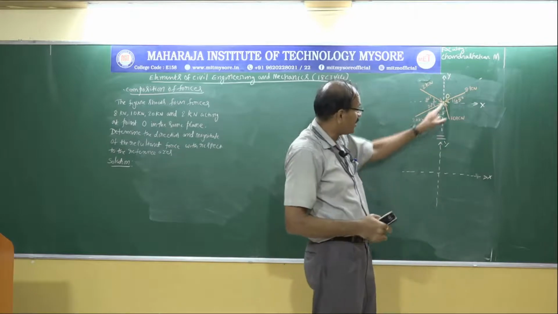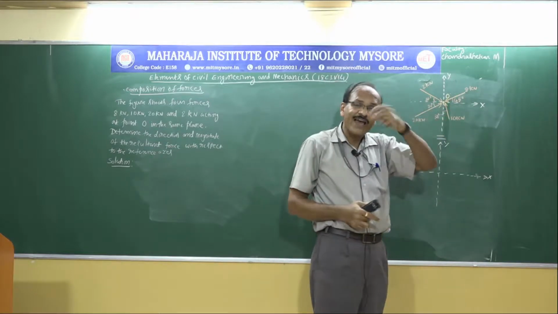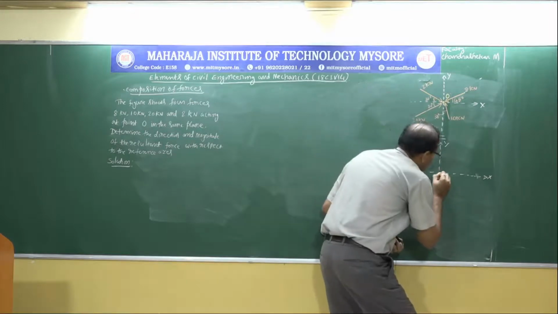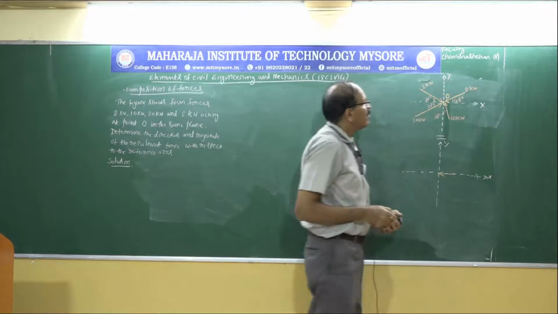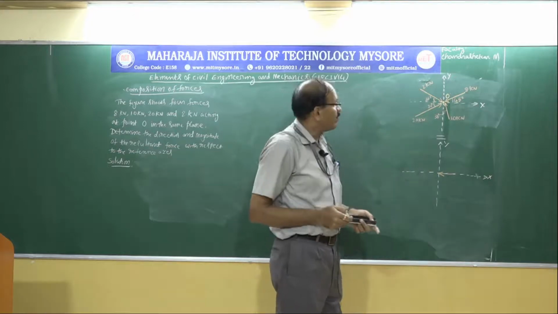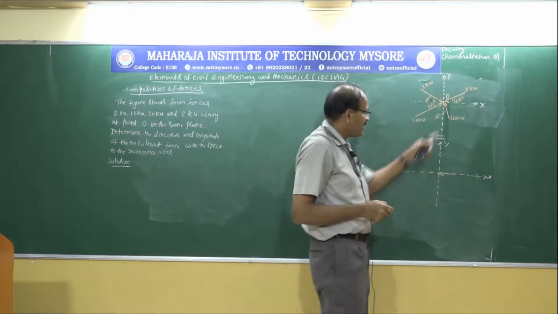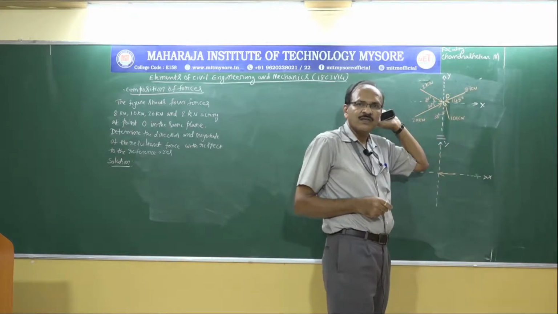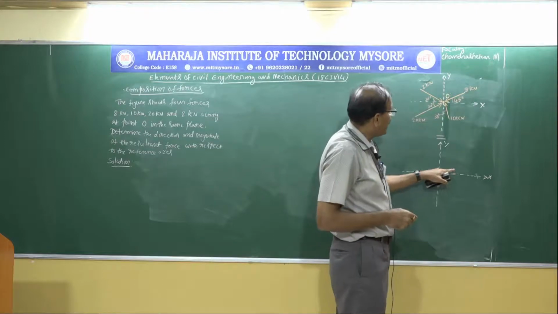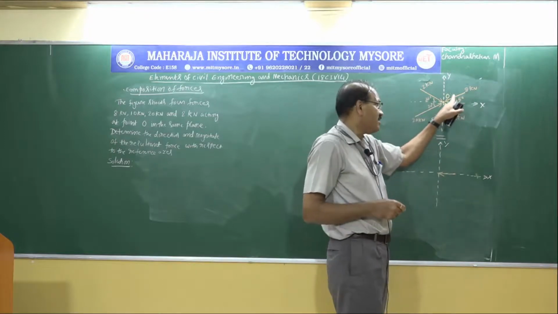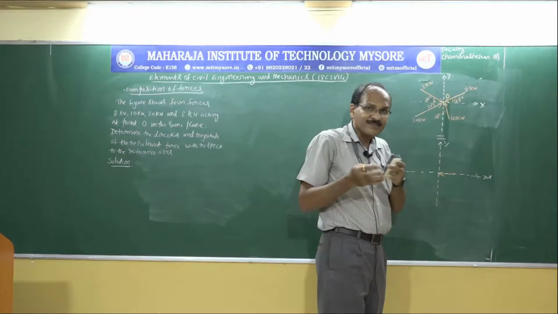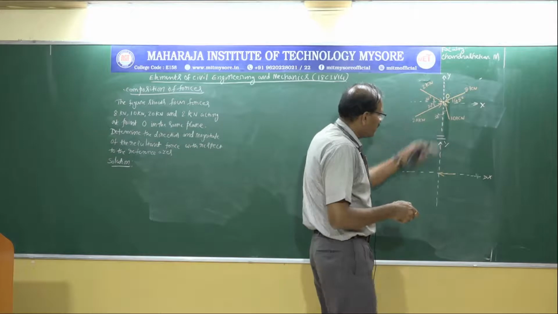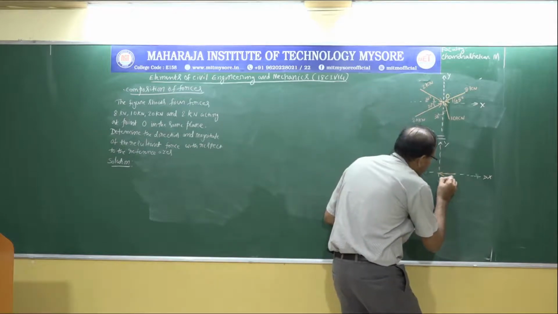That means the horizontal component of 8 kilonewton is acting towards the left. What is the magnitude of the horizontal component of 8 kilonewton? Because the horizontal component is adjacent to the angle 45 degrees, as I said in the previous example, it is cos 45. So the horizontal component is 8 cos 45.